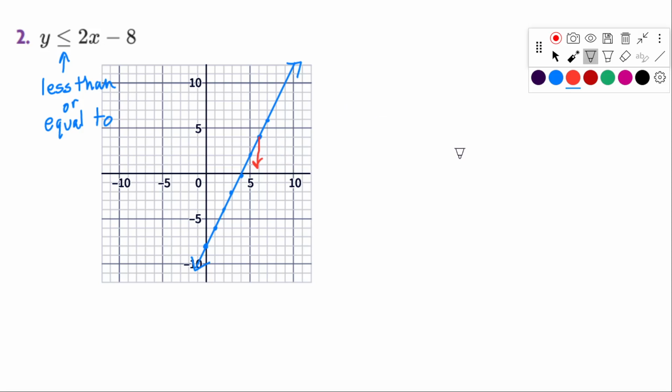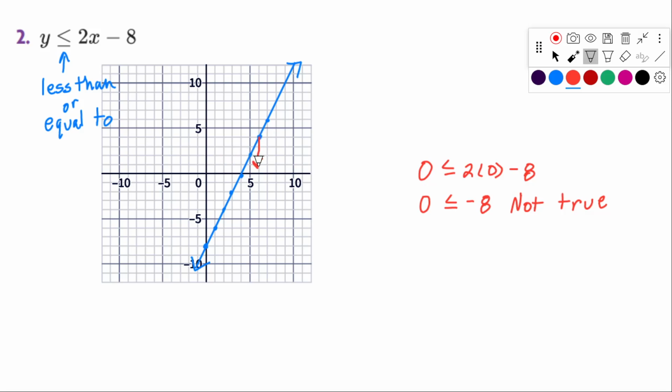Again, we could also use the test point. I'm going to use 0, 0 just because it is a quick one, because anything times 0 is going to be 0. Is it true that 0 is less than or equal to -8? That is not true, so we do not want to shade in the side of the graph that includes the point 0, 0.